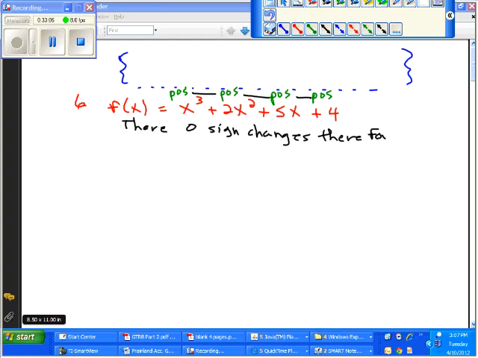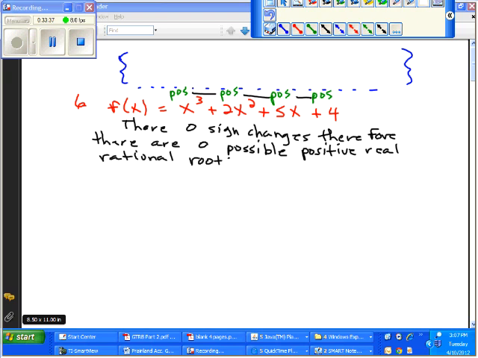Therefore, there are 0 possible positive real rational roots.